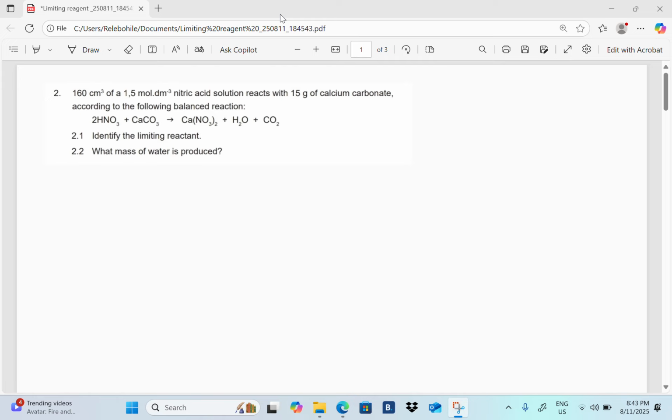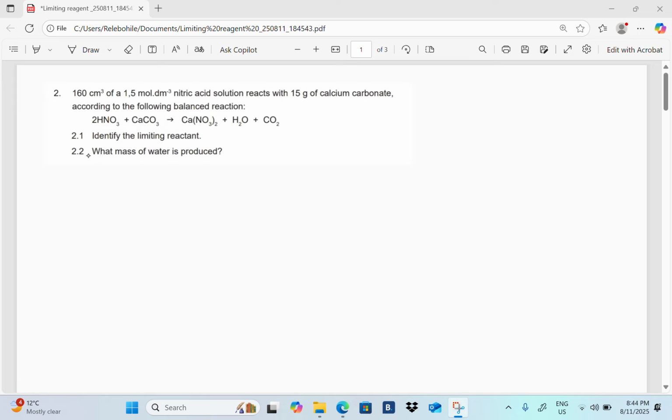Now coming to our activity, here we have 160 cm³ of a 1,5 mol/dm³ nitric acid solution, which reacts with 15 grams of calcium carbonate according to the following balanced reaction. This is our balanced reaction.